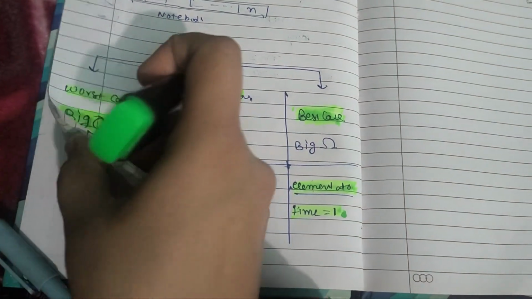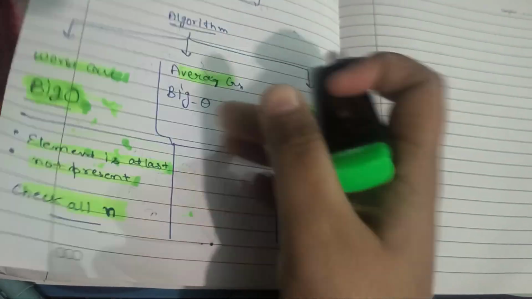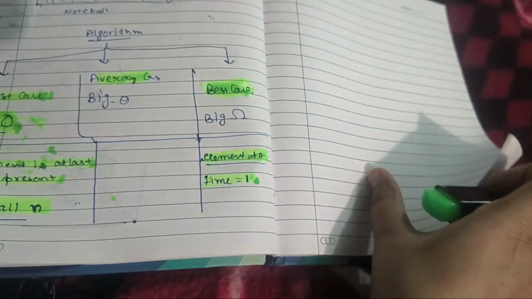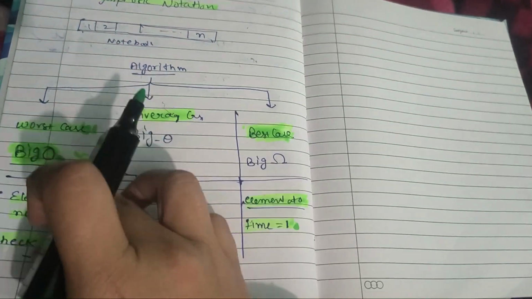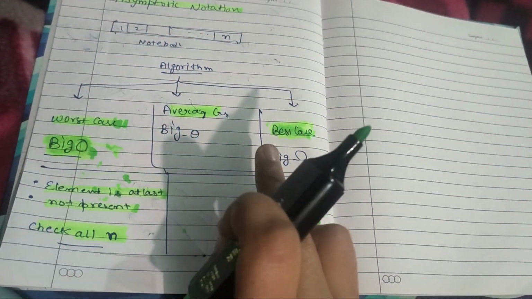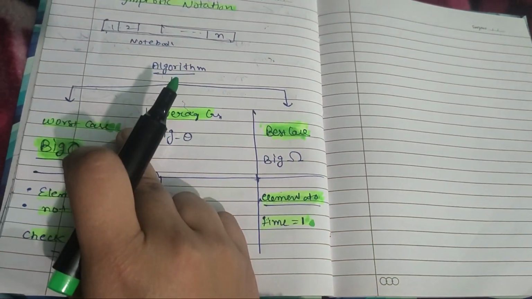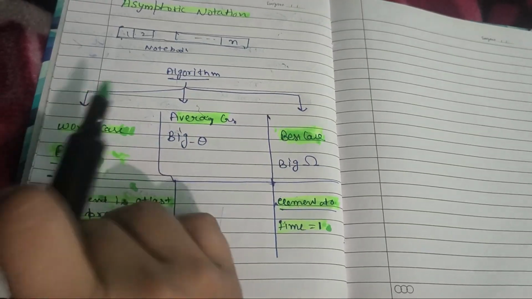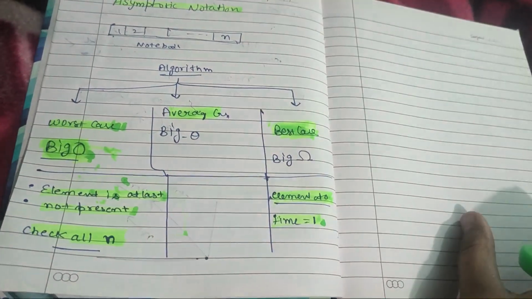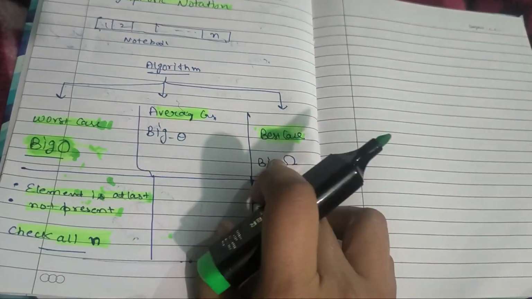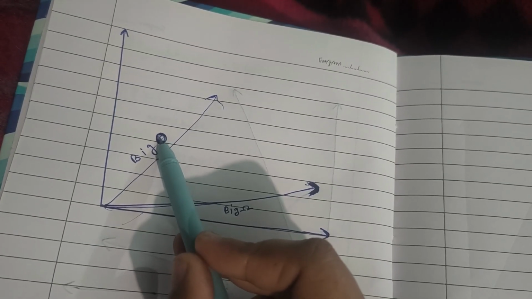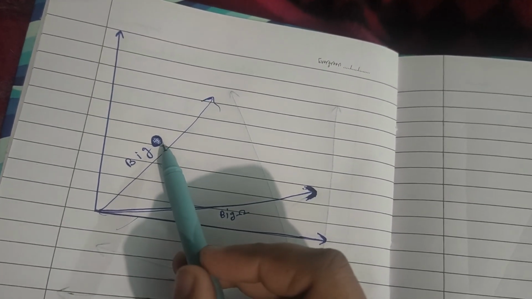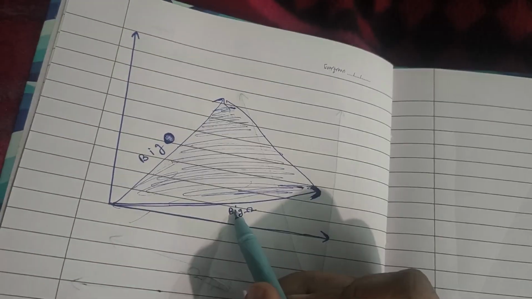So both are opposite, and in between comes the average case. If you find the name or value anywhere between the lower and higher limit, anywhere in the notebook or in the array, that is the average case. I'm trying to make you visualize the cases.